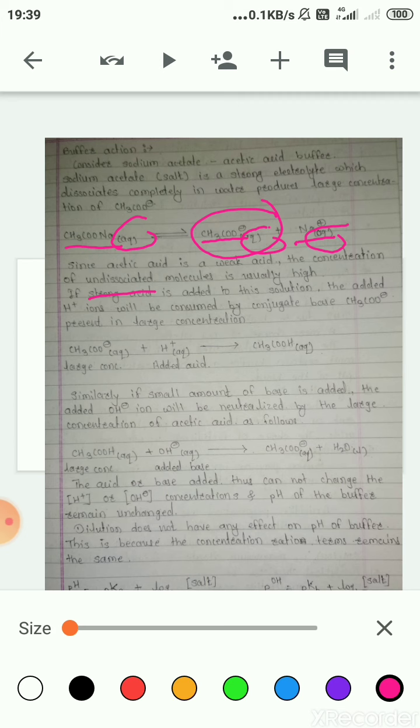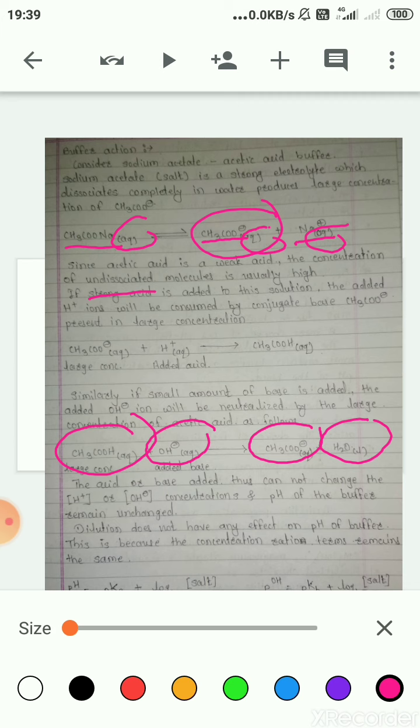Therefore, if we add base to the solution, these acid molecules react with the hydroxide ions of the added base. It forms acetate ion and water molecule.